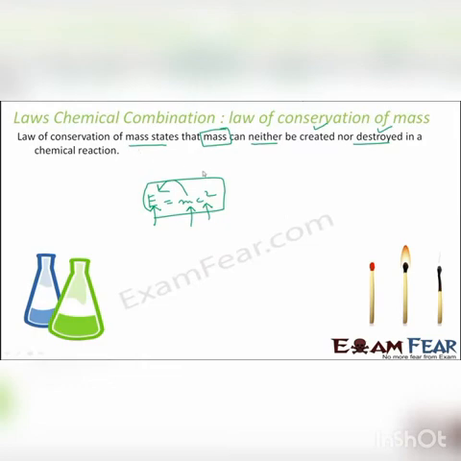You can just ignore this part as of now, not required for this standard. Just understand the law of conservation of mass says that mass can neither be created nor be destroyed. The weight of reactant will always be equal to the weight of product in any chemical reaction. You take a matchstick, you burn it, the weight of this is X, the weight of this will also be X.